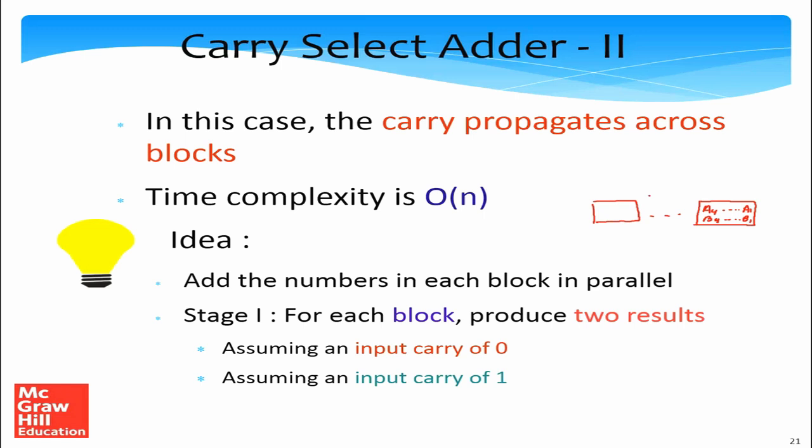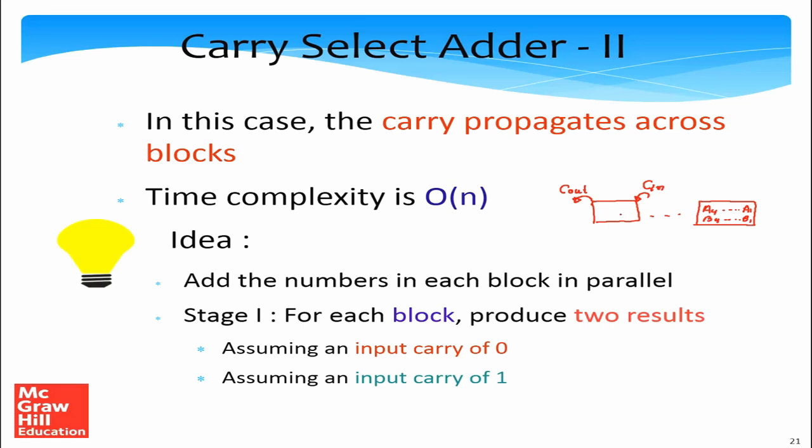What are the inputs to the block? The input to the block is the carry input from the previous block. What is the output from the block? The output from the block is the carry from the block, right? So these are the two inputs and outputs. There is a carry in and there is a carry out.